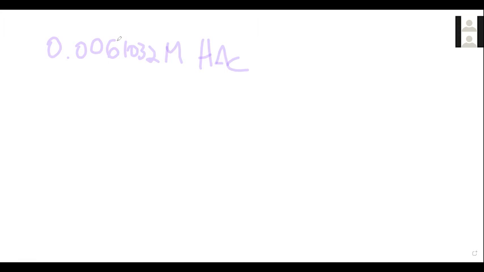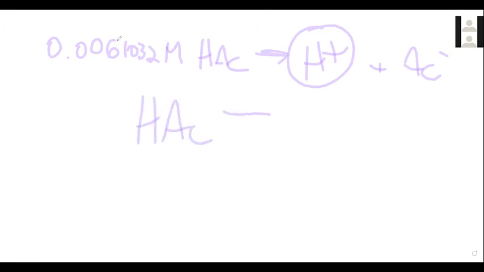Now, if this was a strong acid, like I said, this would just go completely to H plus and acetate, and that would be the same concentration of H plus, and I could just do it exactly the same as I did before. But since this reaction goes in reverse, that makes it harder.